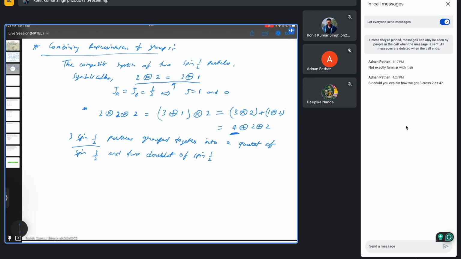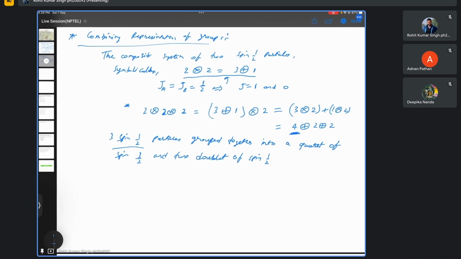Sir, could you explain how we got 3 cross 2 as 4? Okay, so this you understood, right? 2 cross 2 can be written as 3 plus 1. So the rule is, if you multiply this you get 4, so 3 plus 1 is also 4, right?